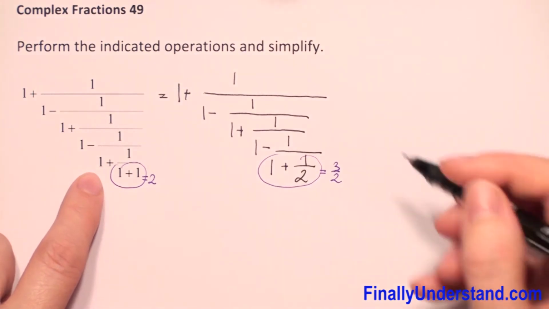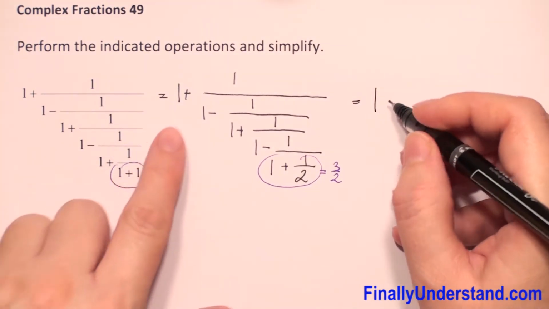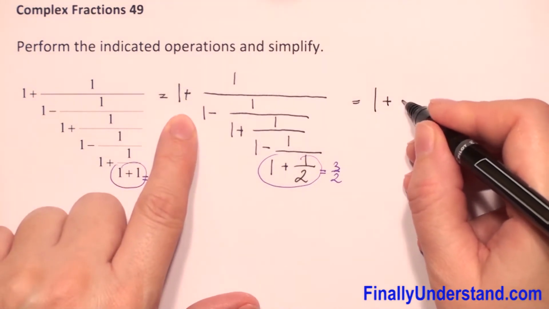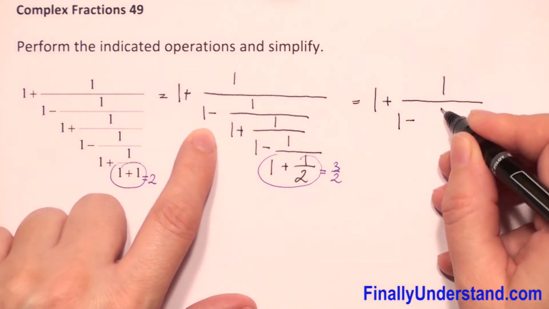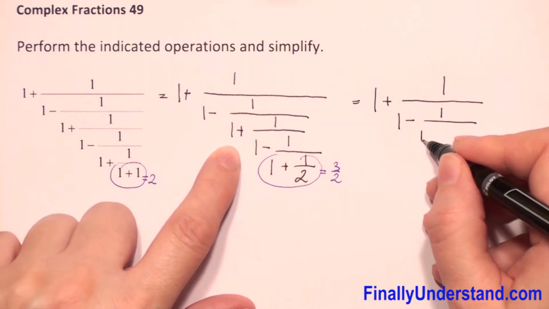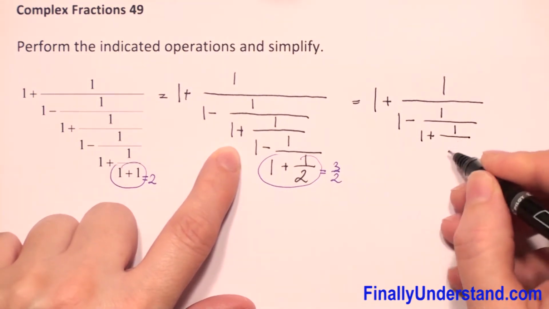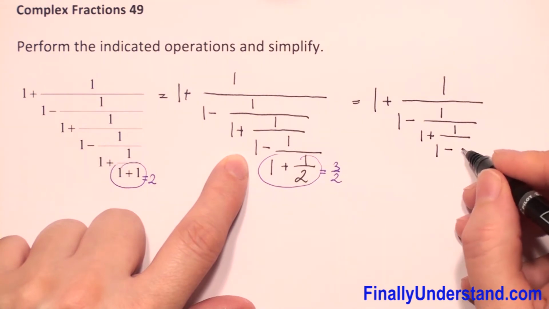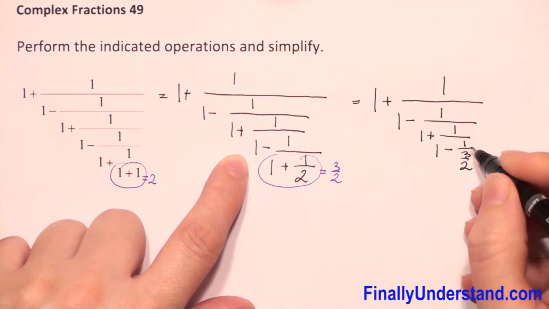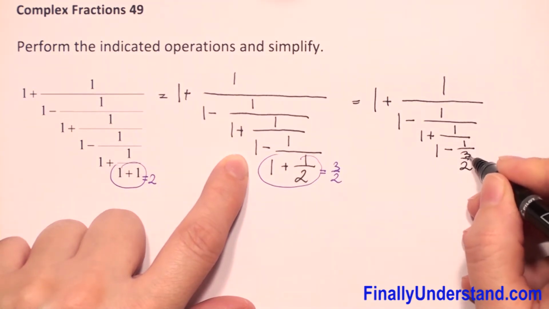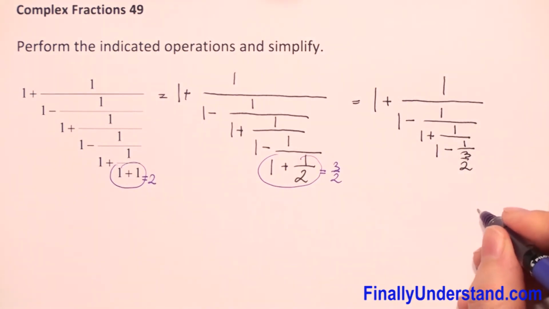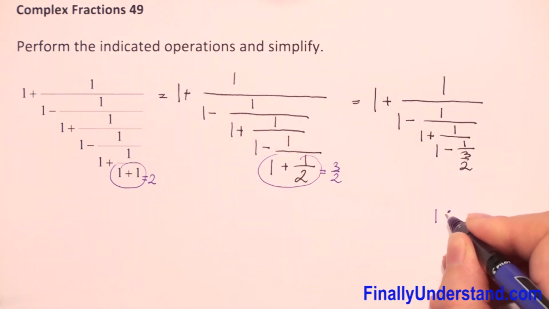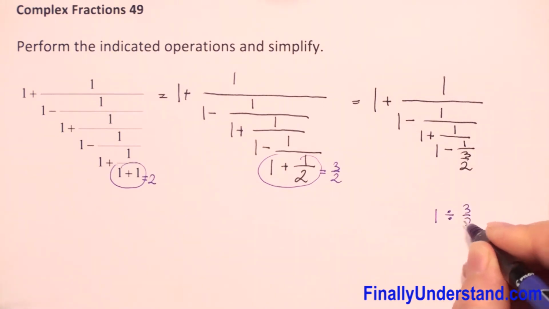So again we have to start from the beginning. We have 1 plus 1 over 1 minus 1 over 1 plus 1 over 1 minus, we have 1 over 3 over 2. We have 1 divided by 3 over 2. How do we do this?